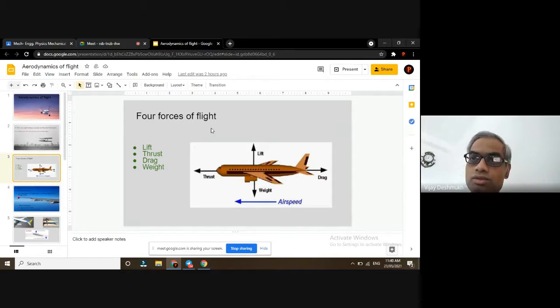Basically, Rajat, this is what is called fluid dynamics. Here the air is considered as a fluid. Air is also a fluid. Air flows, so that is considered as a fluid, and water is also a fluid. In second year or maybe third year, I don't remember exactly, you are going to learn about fluid dynamics in depth.